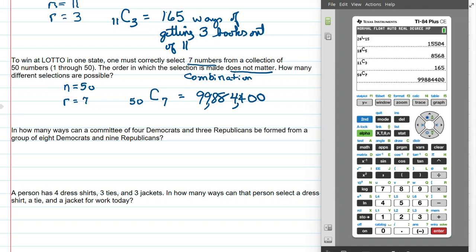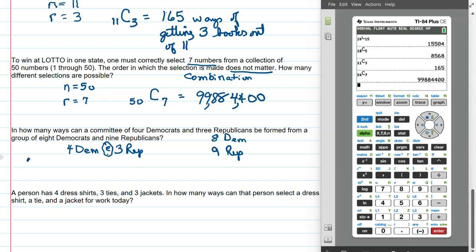In how many ways, now here's a dual, in how many ways can a committee of 4 Dems and 3 reps, Republicans, be formed from a group of 8 Democrats and 9 Republicans? All right. So here we have the inclusion of 2 events, and they're independent.